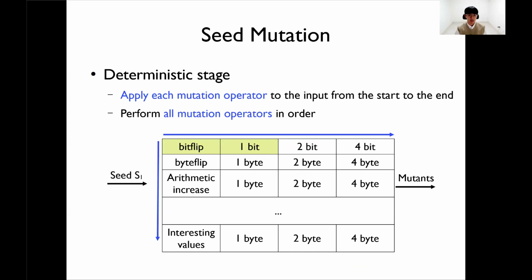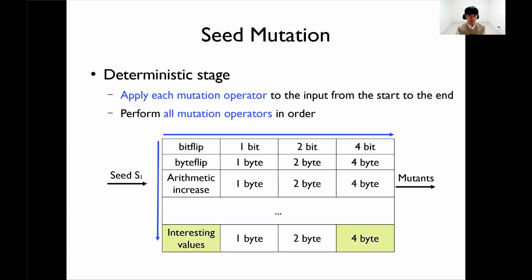So in this way, during the deterministic stage, it sequentially applies each mutation operator to the input from the start to the end. For example, suppose that this table shows all the predefined mutation operators of AFL, and AFL takes the selected seed as 1 and first applies the 1-bit flip operator, then the second operator, 2-bit flip, and then applies the 4-bit flip operator.